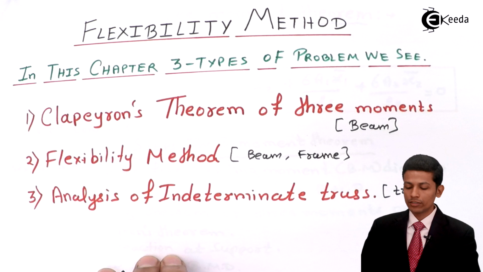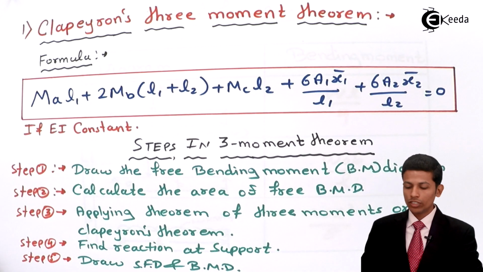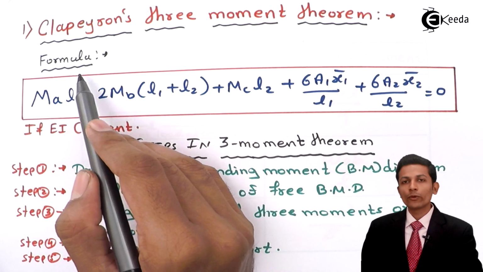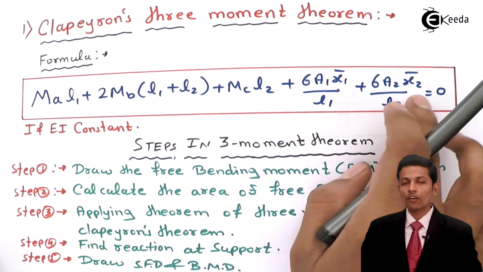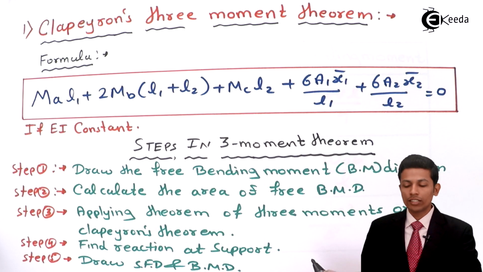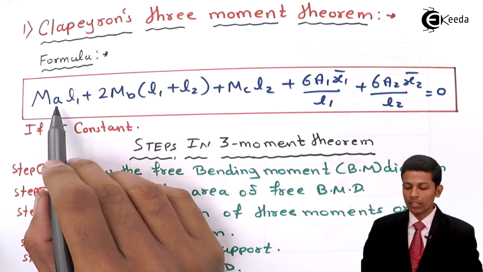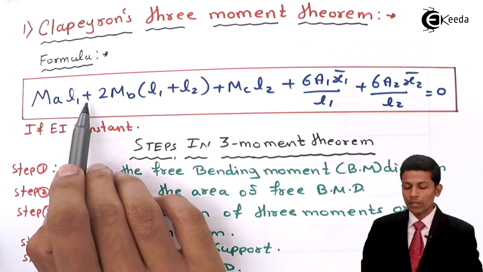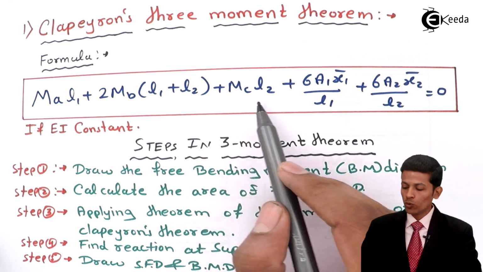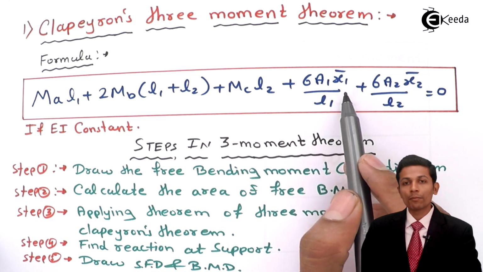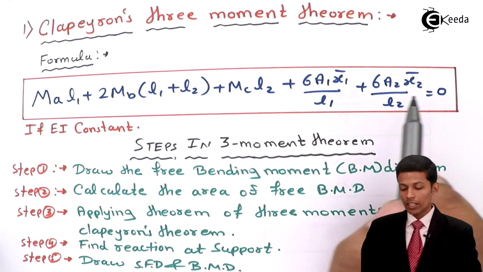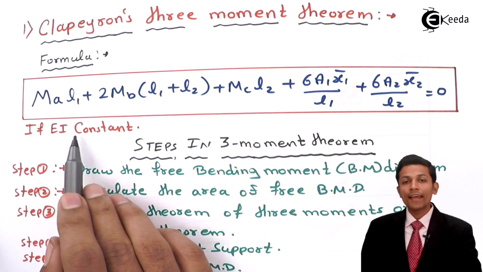So let's see in detail what Clapeyron's three moment theorem is. Now see, this is Clapeyron's three moment theorem. It's a formula, or you can say the equation the three moment theorem gives us. You have to remember this one for the exam: M_A L1 + 2 M_B (L1 + L2) + M_C L2 + 6 A1 x1 bar / L1 + 6 A2 x2 bar / L2 = 0.